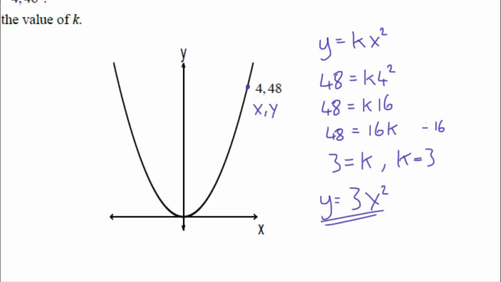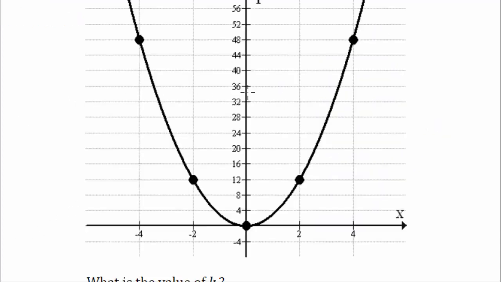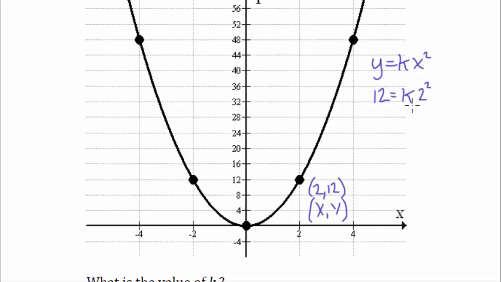I think we've got one or two more to go. In this one we've got 2 and 12, so again this is x and y. Again, y equals kx squared. You'll know this off by heart by now. We've got y is 12 equals k, and x is 2, but it's squared, remember.